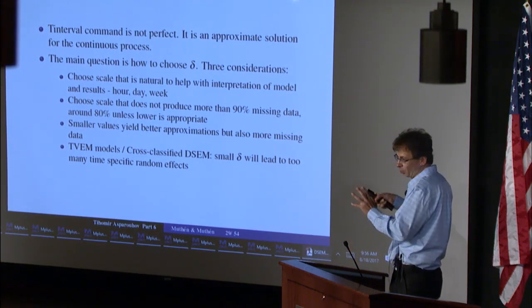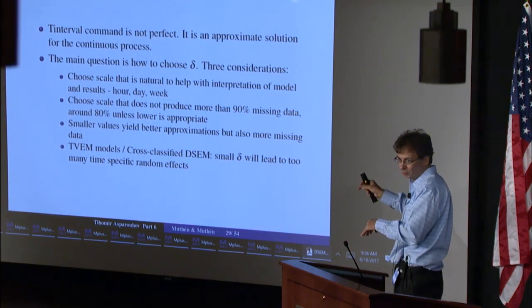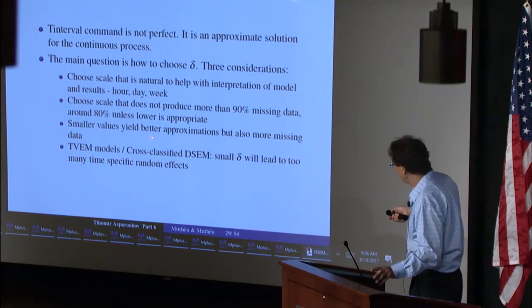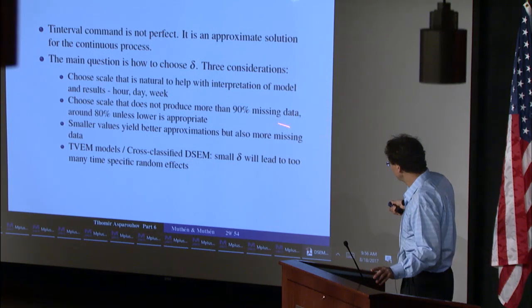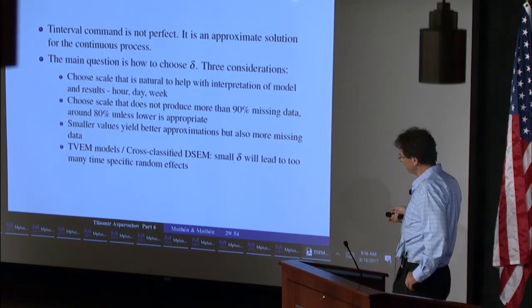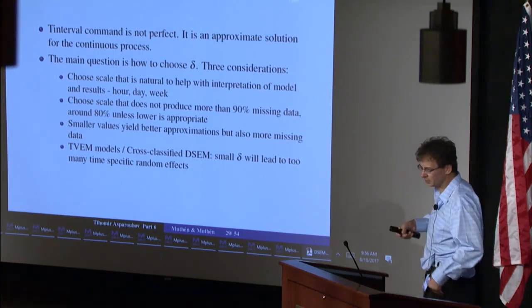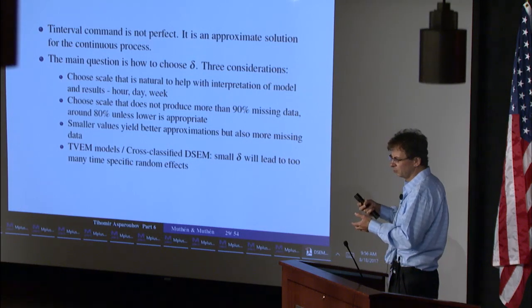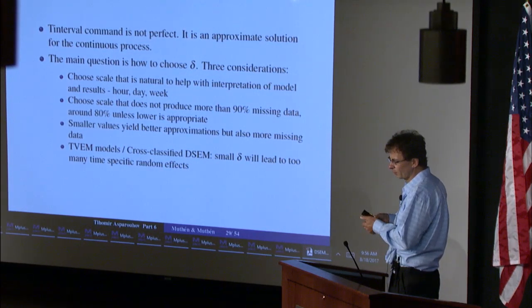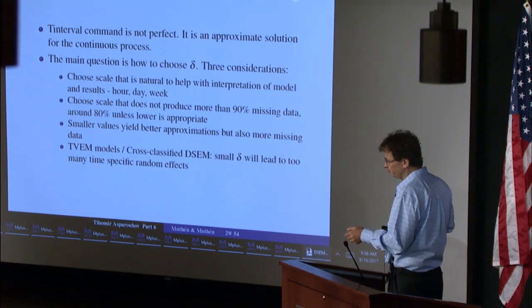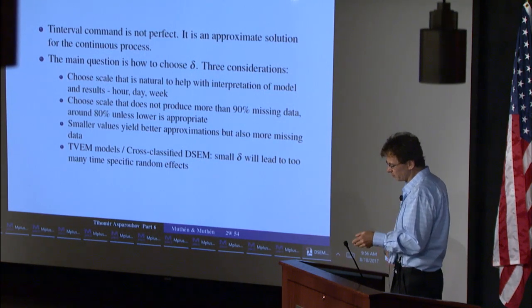And again, notice the difference here. The more complicated the models, the less missing data we're going to be able to handle. And one more observation is that in the TVEM framework, there's an additional complication: as you choose smaller and smaller delta, then you get more and more time intervals.